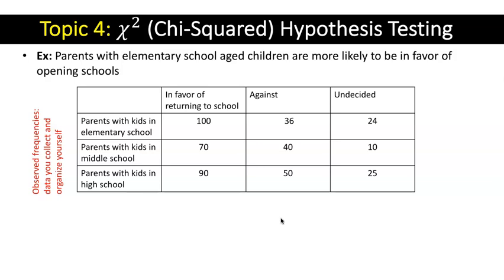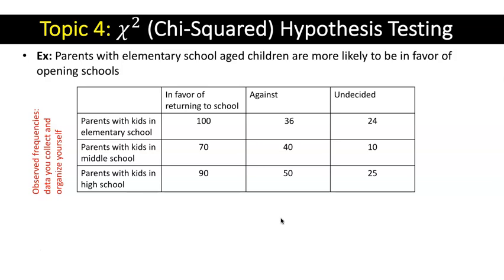So let's say that you have noticed that your parents' friends, a lot of those who have elementary school aged children, are opting to send their kids to school face to face. It might be because they have to go to work and they really don't have anybody to watch their kids because they're younger, or perhaps they have found that being their teacher and parent is a lot of work and it's very frustrating for them because they're little kids.